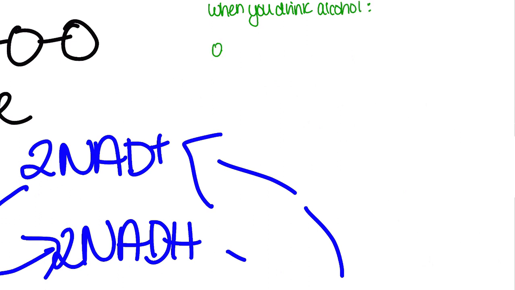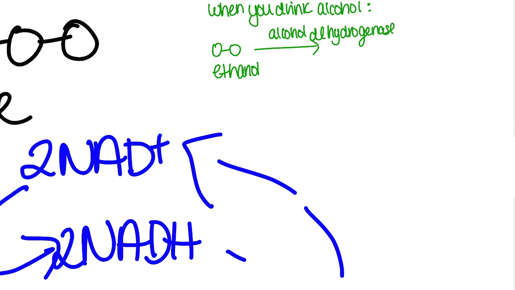When you drink alcohol, you are ingesting ethanol. And one of the enzymes that you have probably heard of before is an enzyme called alcohol dehydrogenase. Alcohol dehydrogenase takes that ethanol and converts it back to acetaldehyde.